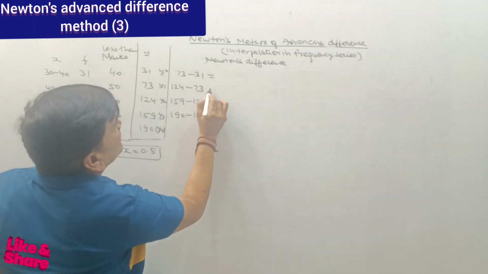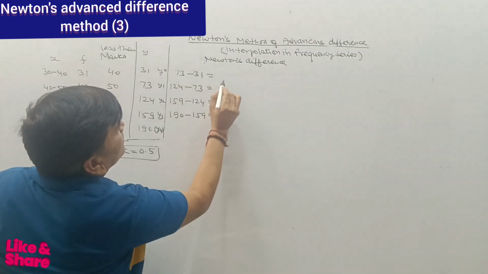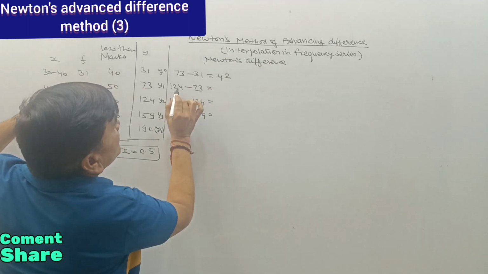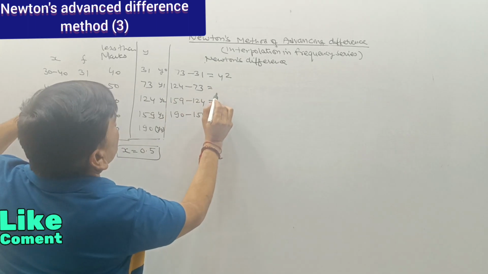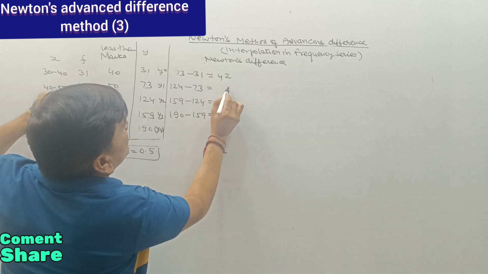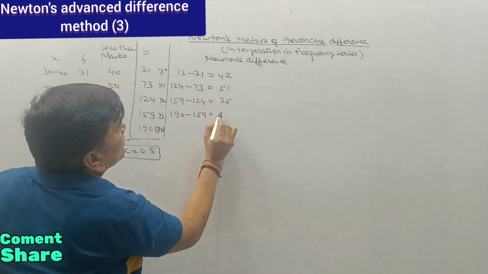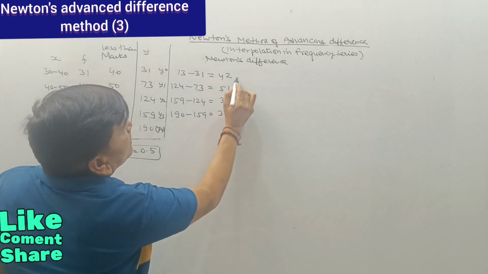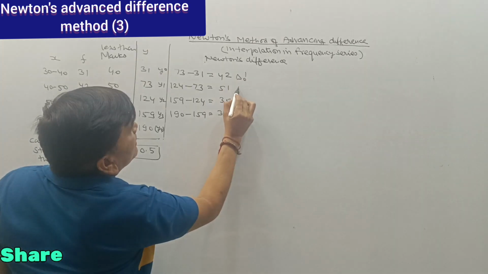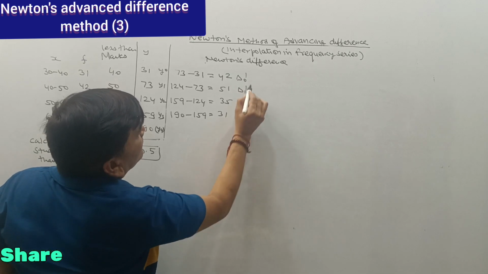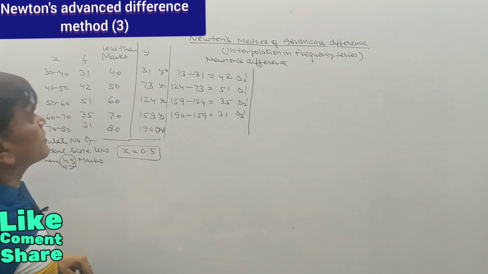So the first difference is 42, then 51, then 35, and 31. These are delta 0 1, delta 1 1, delta 2 1, delta 3 1. So the first difference we have calculated.